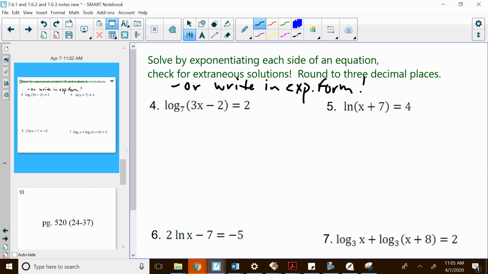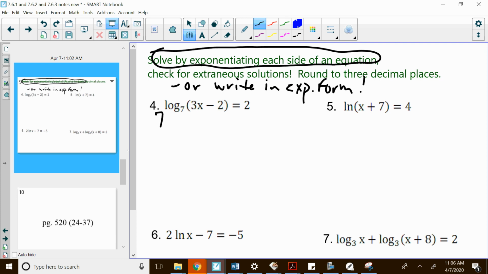So I'm going to start by doing what the directions say. Solve by what we refer to as exponentiating, and what I mean by that is, how would we need to strip this log away so we can get the 3x minus 2 by itself. Well, what we could do is raise both sides as a power and make 7 my base. So I have 7 raised to the log base 7 of 3x minus 2 equals 7 to the second power.